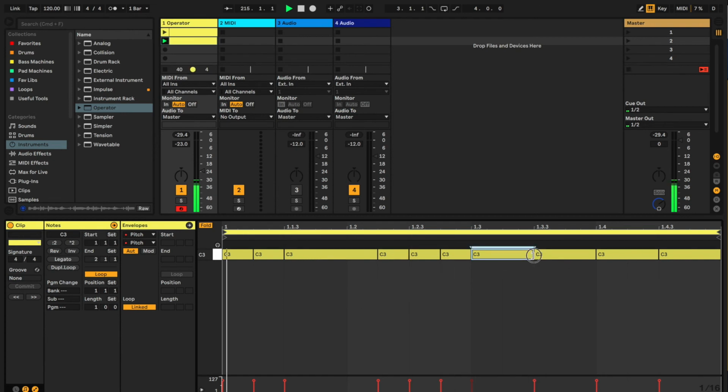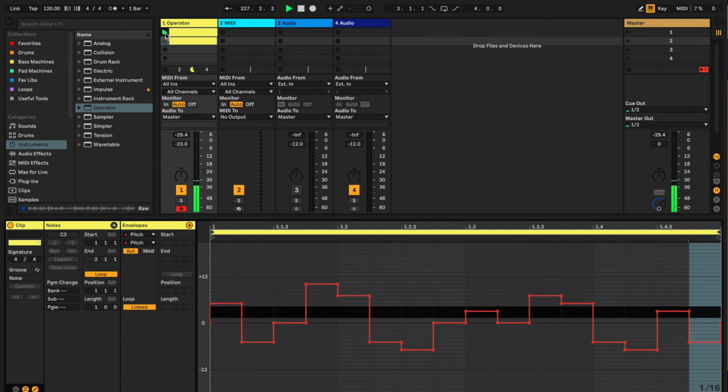And in turn, what we get is a wholly new pattern. Let's compare it with the original. Swap it over.